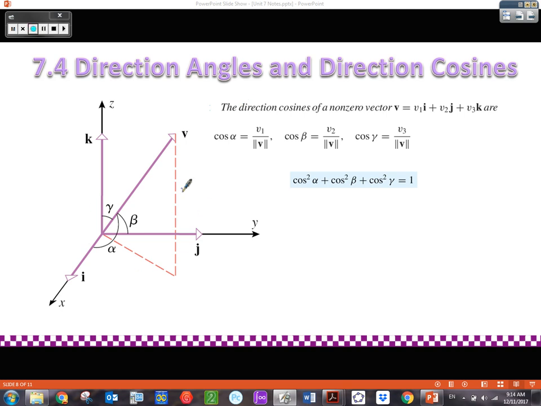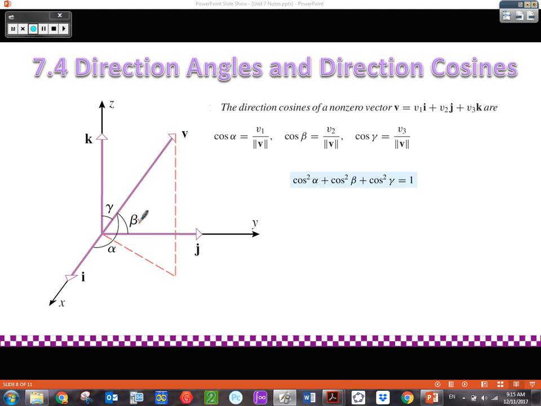So there are 3 direction angles. The first one is alpha, a Greek letter. Alpha measures the angle between the x-axis and the vector. Then we have beta, another Greek letter. Beta is the angle measure from the y-axis to the vector.